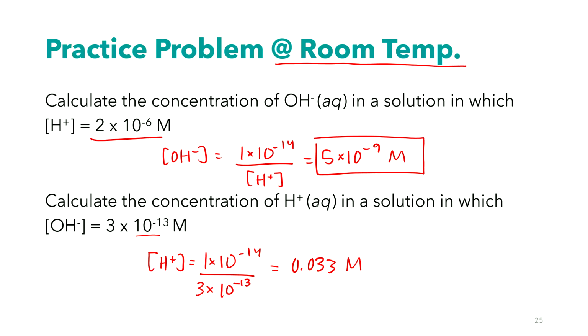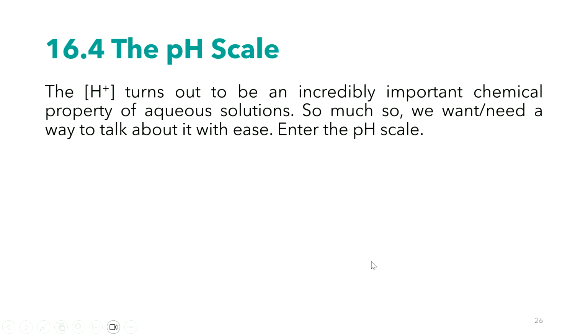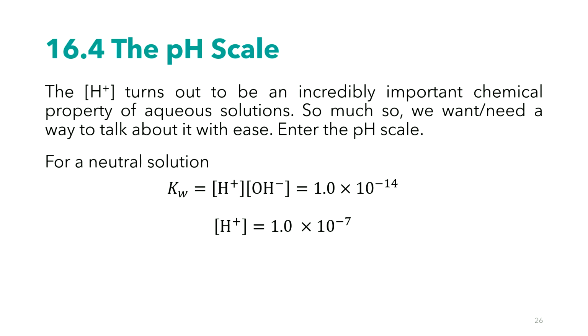So now we can interchange between H+ and OH-. It turns out, and I think this is familiar, that the concentration of H+ is really important, especially for a lot of biological systems, so much so that we need to talk about the H+ concentration quite a bit. But it's really annoying to say, how much H+ is in there?